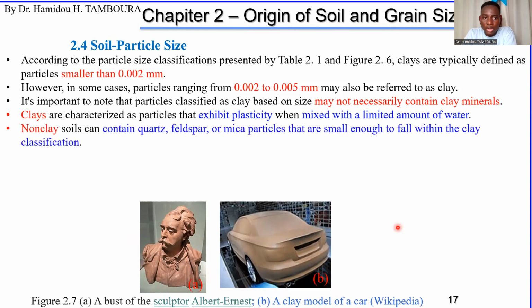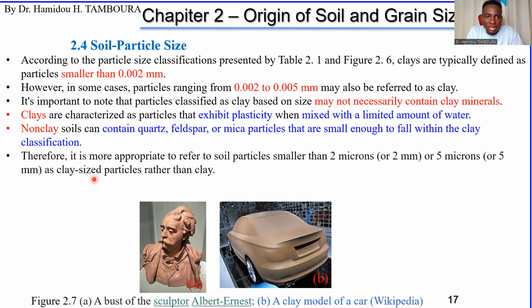So non-clay soil can also contain quartz or feldspar or mica particles that are small enough to fall within the clay classification. That means they are non-clay, but the dimension is within this, smaller than 0.002. But they are not clay mineral, okay?